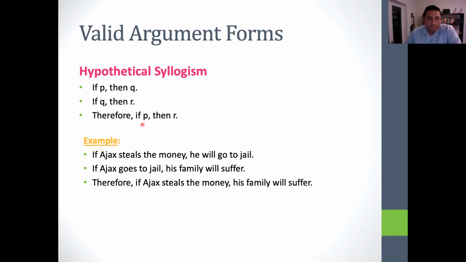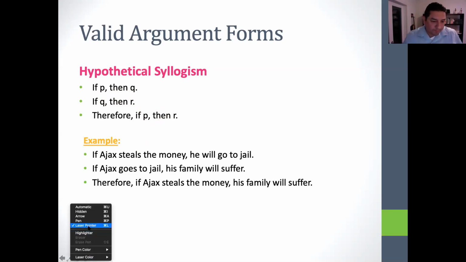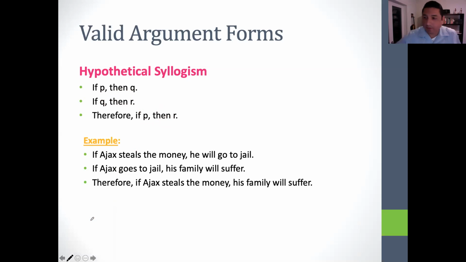Okay, so one thing you can notice, if you wanted to see a little bit more in the form here, is that there's one variable, Q, and then Q is tied to P in some way, and Q is tied to R in another way, right?